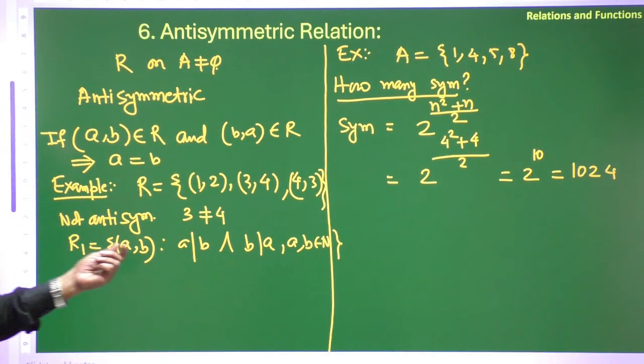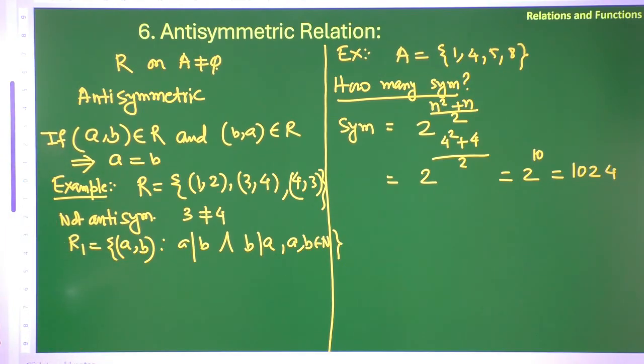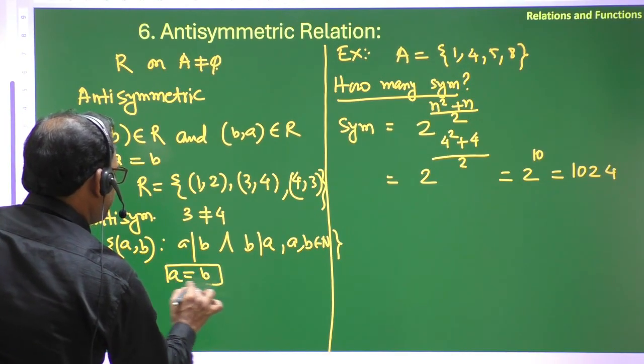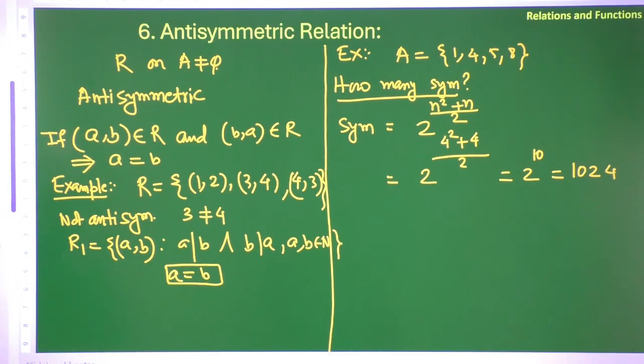So a divides b and b divides a is only possible when both are the same. So it is an antisymmetric relation. If 2 divides 4, at the same time 4 cannot divide 2 unless both are the same element.